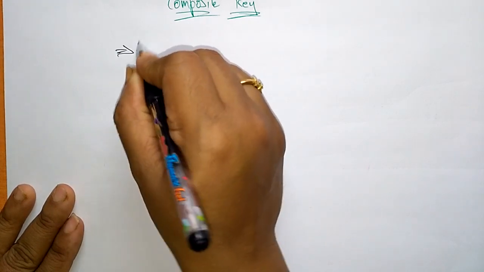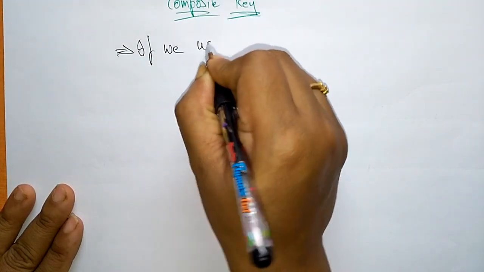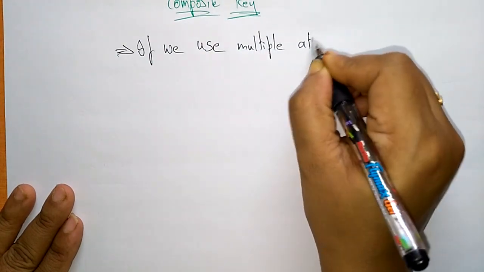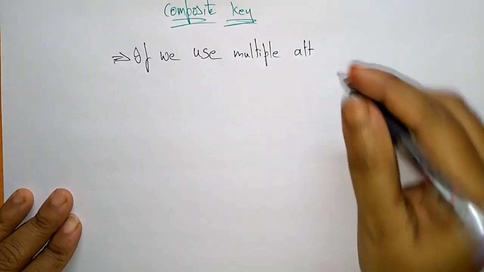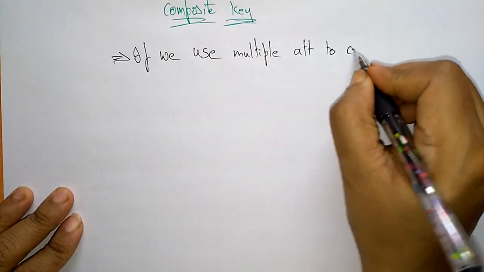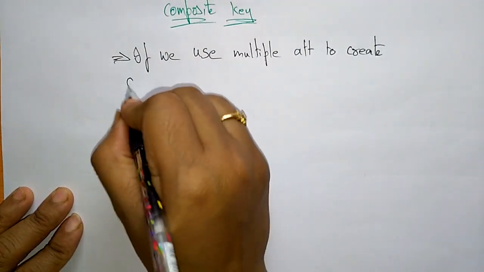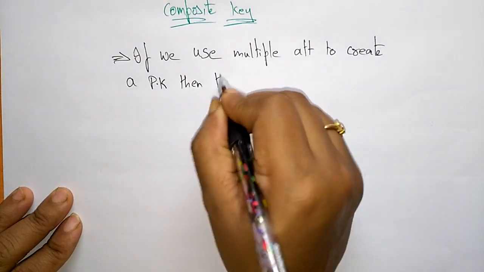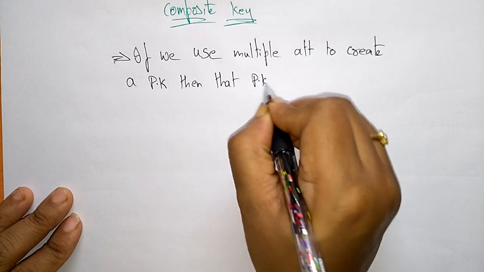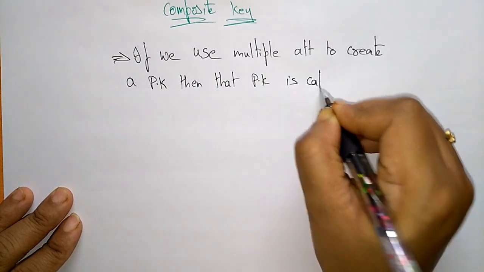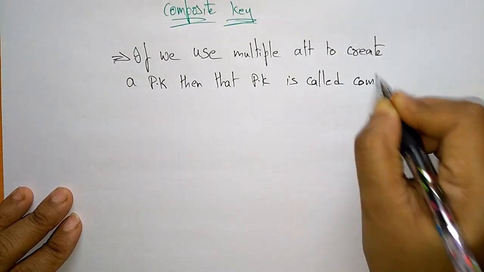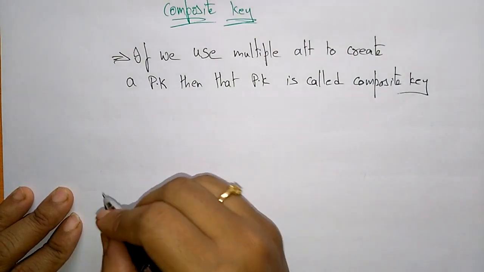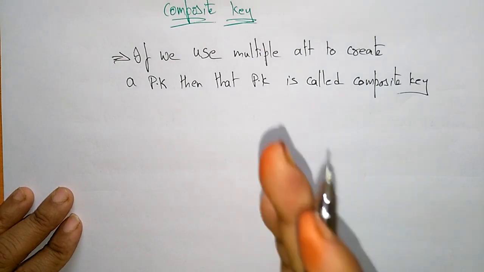So if you are using multiple attributes to create a primary key, then that primary key is called composite key, also known as compound key or concatenated key.